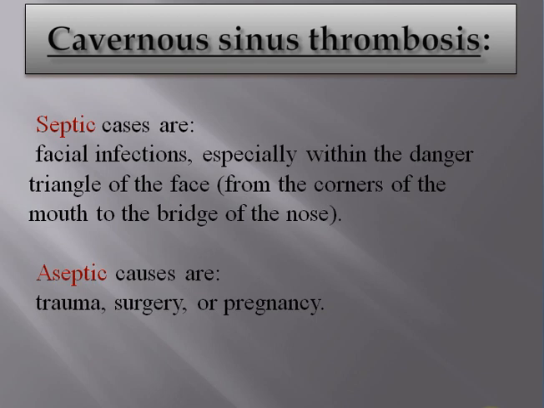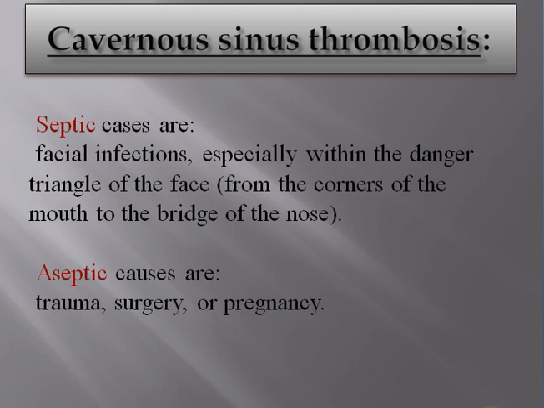Rare precipitants of cavernous sinus thrombosis can include parasites such as toxoplasmosis, malaria, and trichinosis, as well as viral causes such as herpes simplex, cytomegalovirus, measles, hepatitis, and human immunodeficiency virus. Immunosuppression, such as uncontrolled diabetes, steroid use, cancer, or chemotherapy, may be a risk for not only developing cavernous sinus thrombosis but also developing complications.